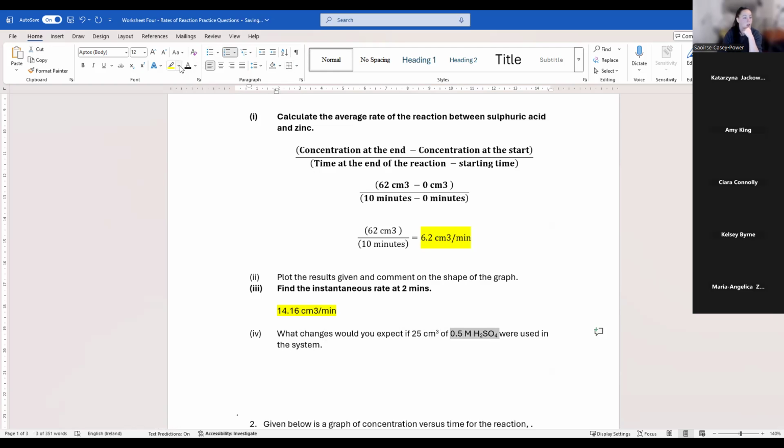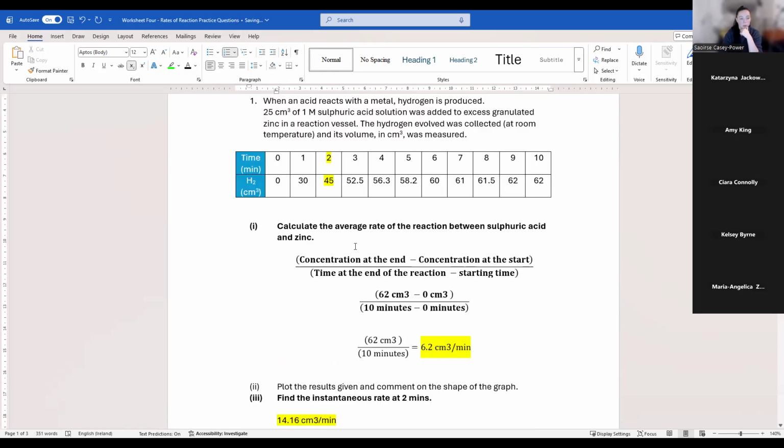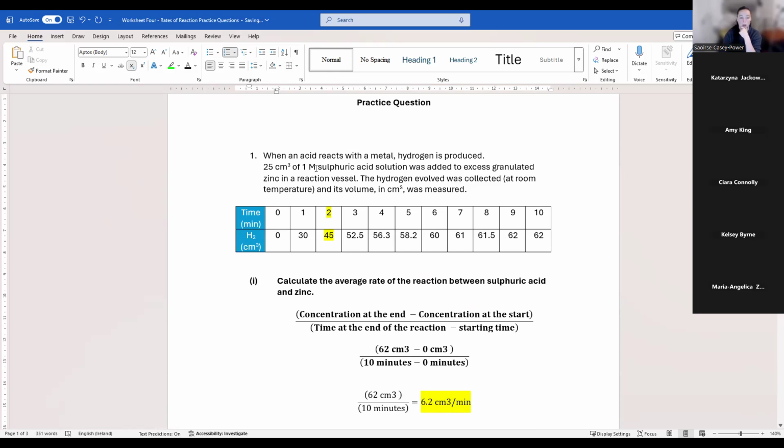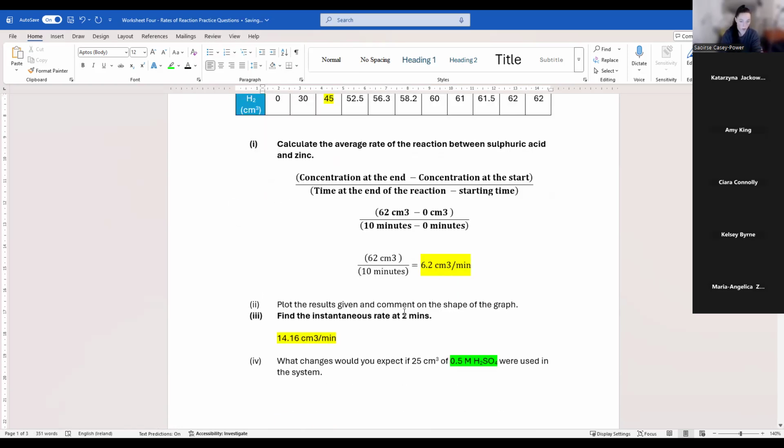If we look at what we were given at the very start, we were told that we used 1 molar sulfuric acid. That was the rate of reaction if we used 1 molar. So if we had to repeat that reaction and used a sulfuric acid that was half the concentration of our first sulfuric acid, what would you expect to happen to the rate of the reaction?